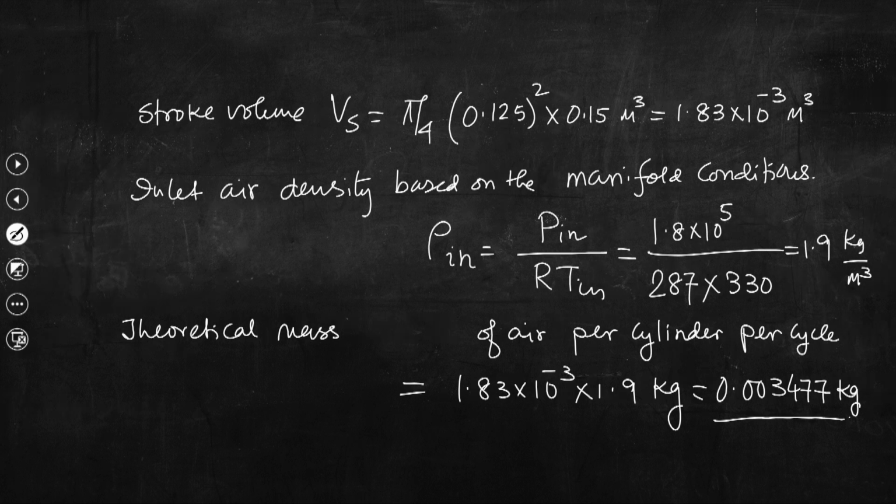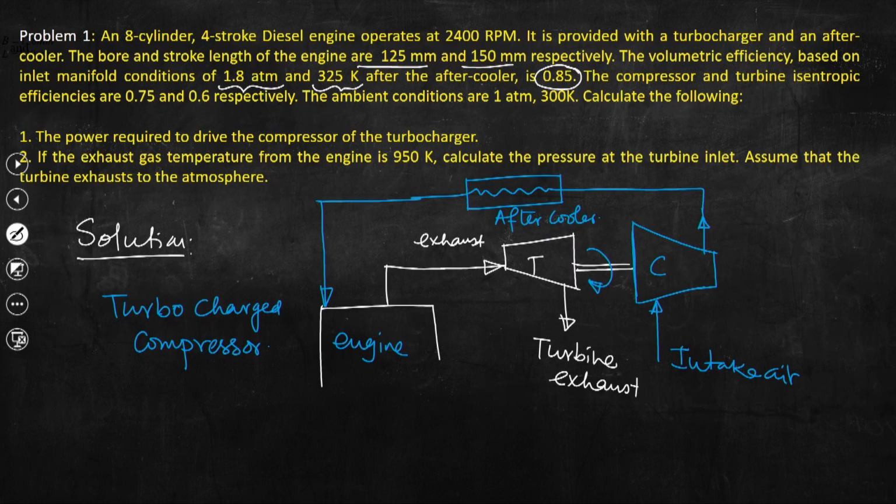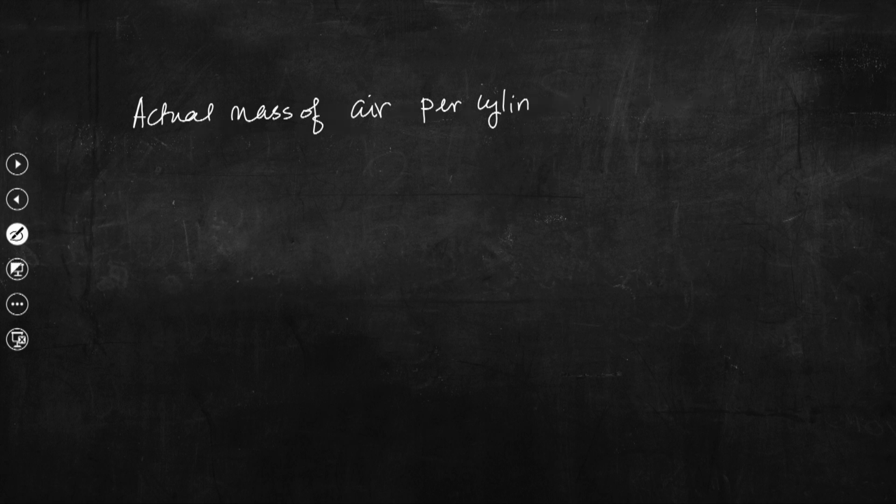So, if we go to the next slide, having calculated the theoretical mass of air, now we can calculate the actual mass of air per cylinder per cycle, because we know the volumetric efficiency.